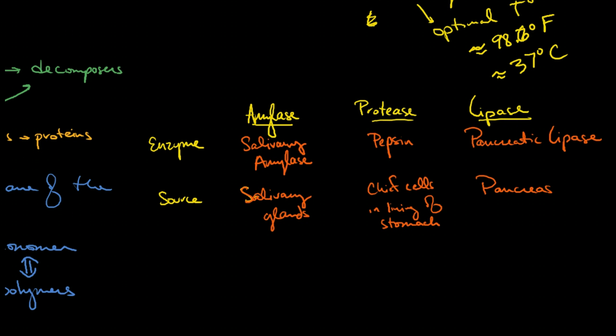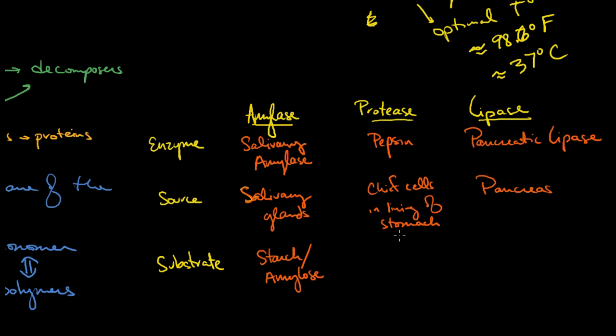Okay, so the substrate is the molecule that the enzyme bonds to, that it helps break down. Remember, these enzymes in particular help break down or digest bigger molecules. So we're talking about what big molecule these attach to. The substrate for amylase is starch, also known as amylose.